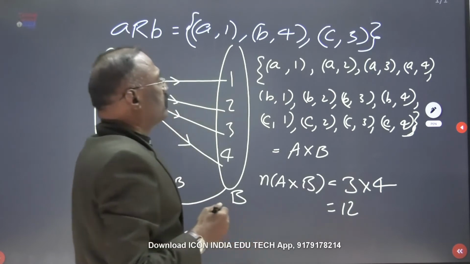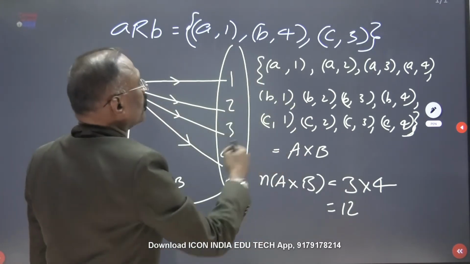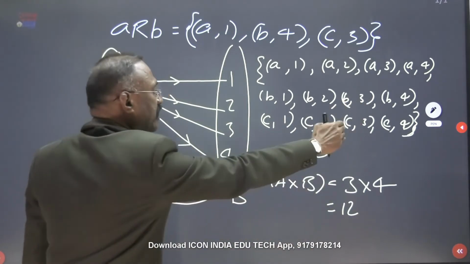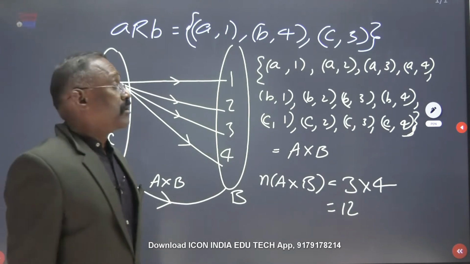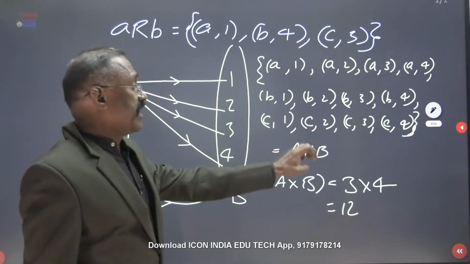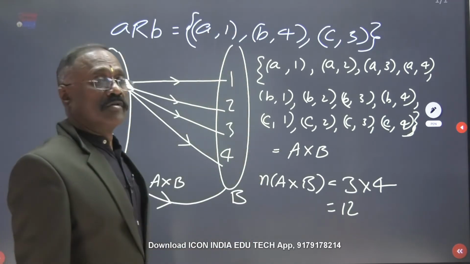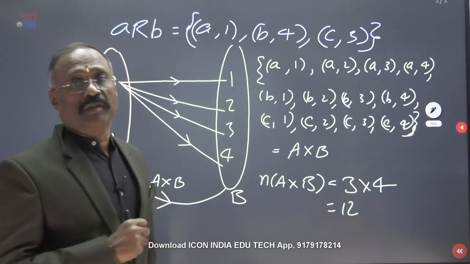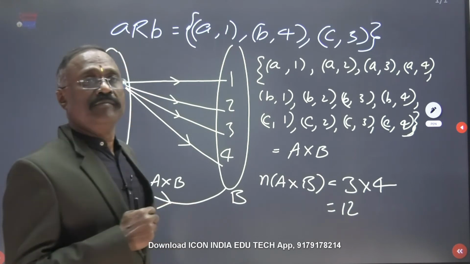Just observe that this a1 is very much present in the Cartesian product, b4 is also present and c3 is also present. So such elements are all a part of A cross B and we call it the subset. The subset of A cross B is nothing but a relation. My dear boys and girls, understand that.